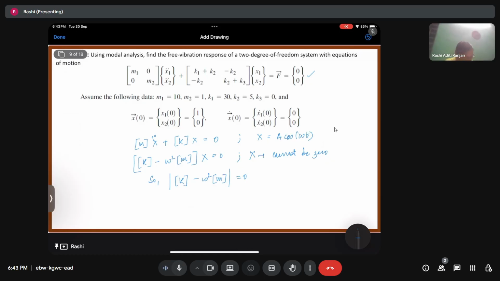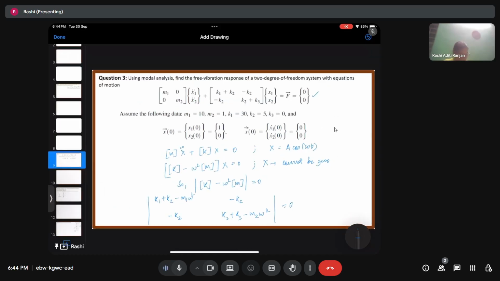For this equation, we are going to get this as a form k1 plus k2 minus m1 omega square, k2 plus k3 minus m2 omega square, minus k2, minus k2. This is going to be equal to 0.